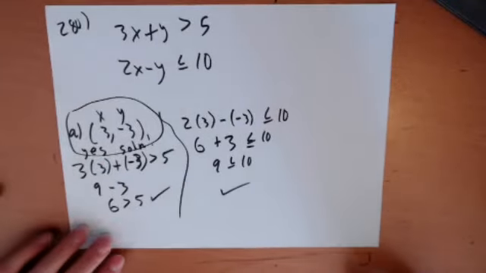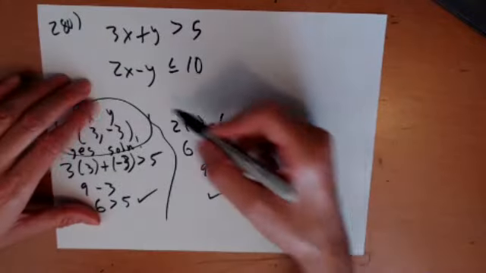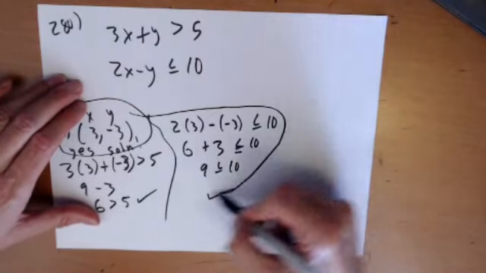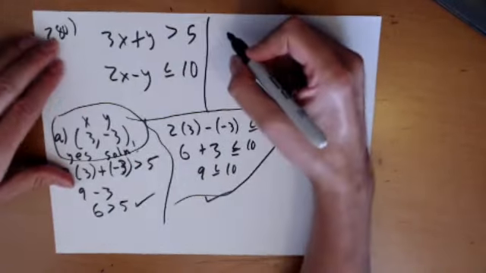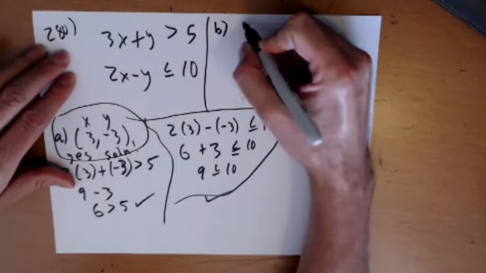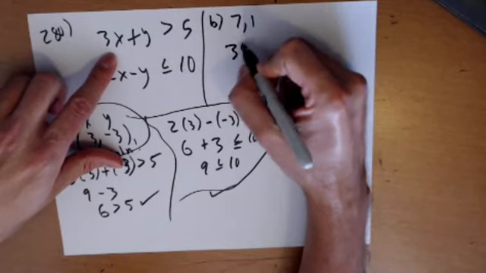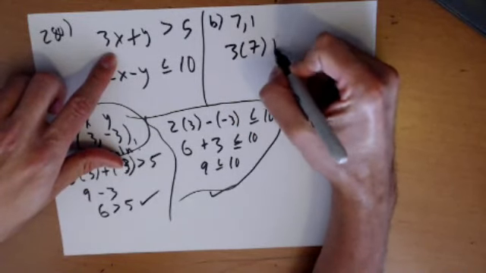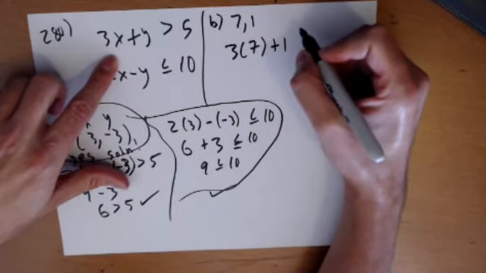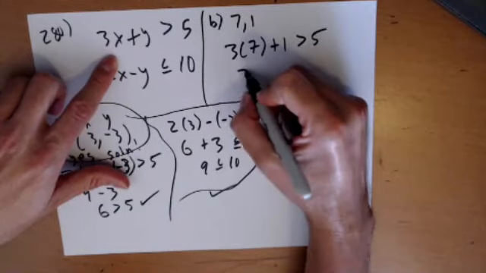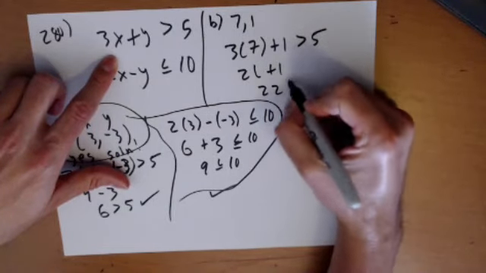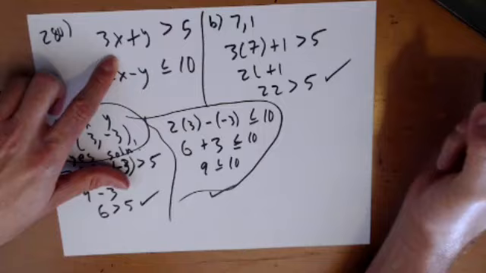Okay. And then part B says, hey, why don't you play the same game, but with the numbers 7 and 1. So 3 times 7 plus 1. Is that greater than 5? 21 plus 1. That's 22. Yes. Okay.